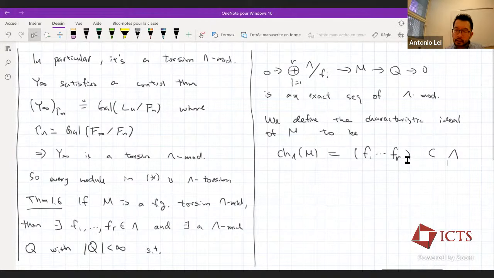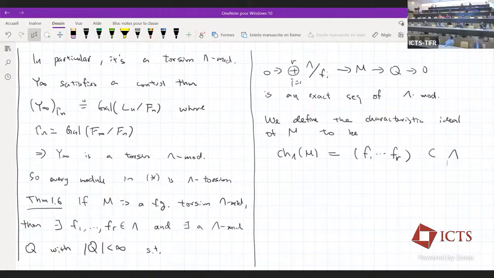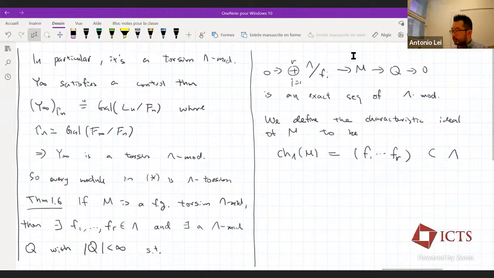And so essentially, when you define the characteristic ideal of a torsion lambda module, it kind of tells you how big it is as a module. It's a bit like its cardinality, up to this finite thing. I'm sorry, excuse me. Does it behave a lot like the Fitting ideal, which came up in another lecture in this meeting? Yeah, it is indeed related to the Fitting ideal, except that we are getting much less information than the Fitting ideal here.